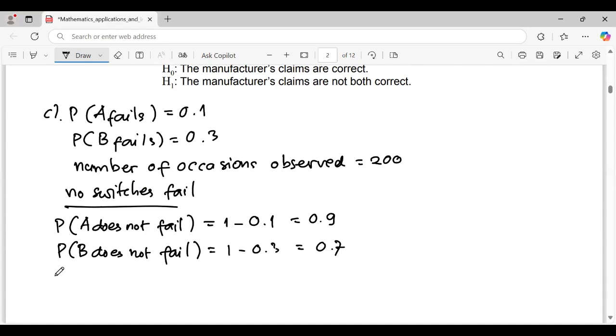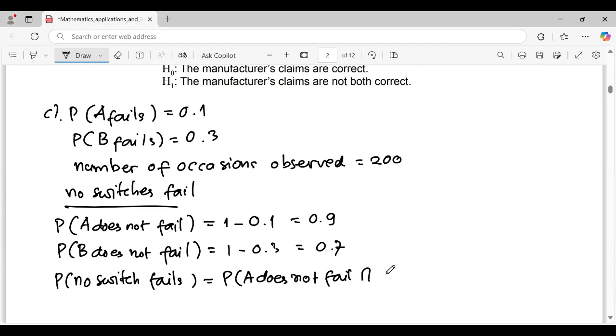So the probability that no switch fails is equal to the probability A does not fail intersection B does not fail.